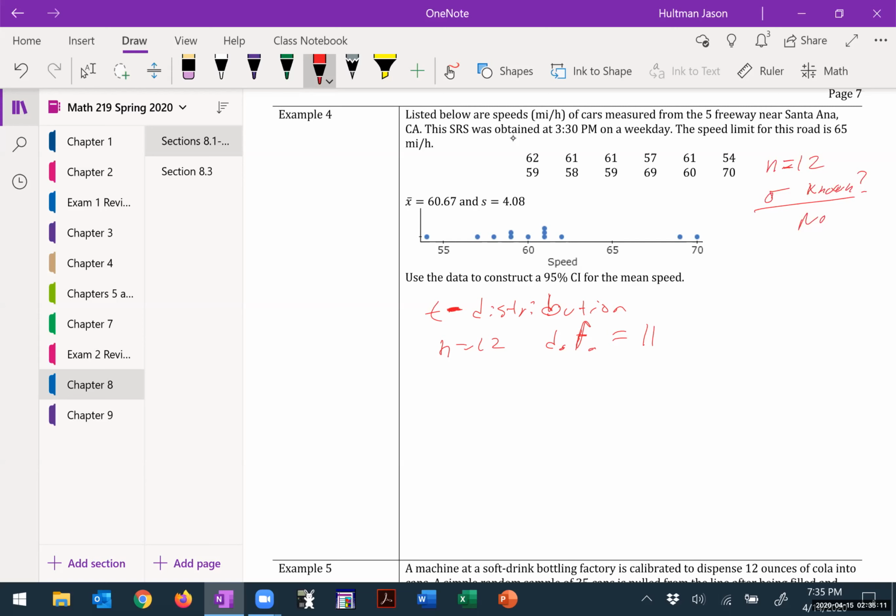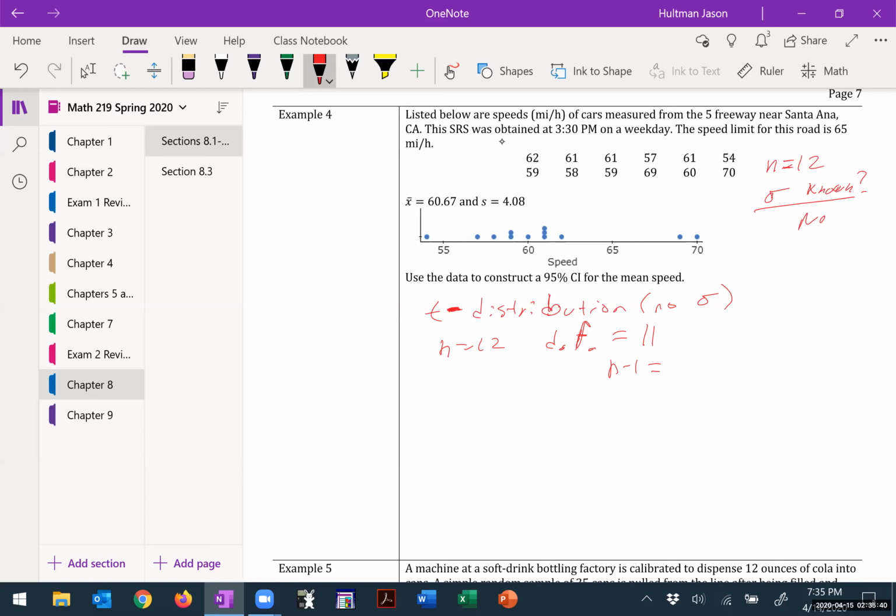Why t distribution? Because we have no sigma. I know I keep saying the same thing over and over again, but I will bet you $1,000 that there will be at least one person on the exam that will mix that up. It always happens every single time. So there you go. Why 11? Because the degrees of freedom is n minus 1.